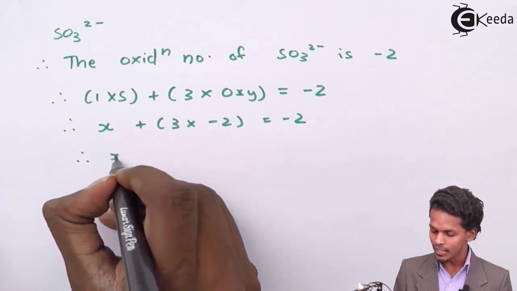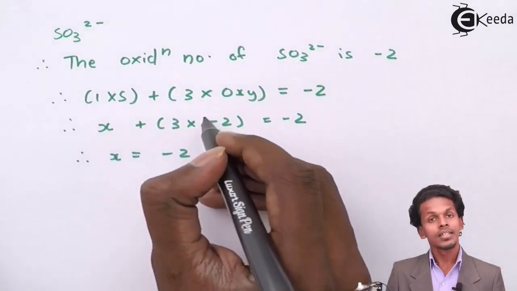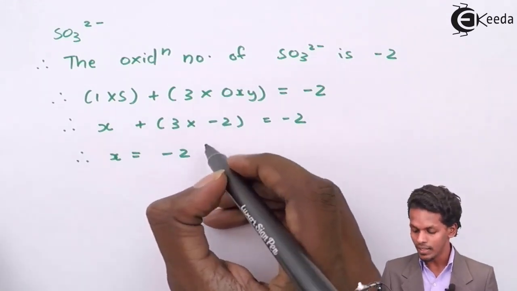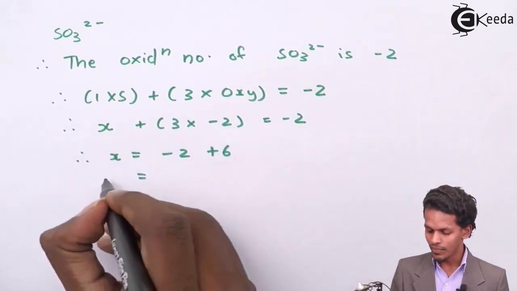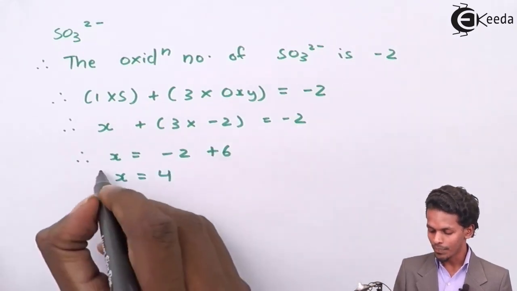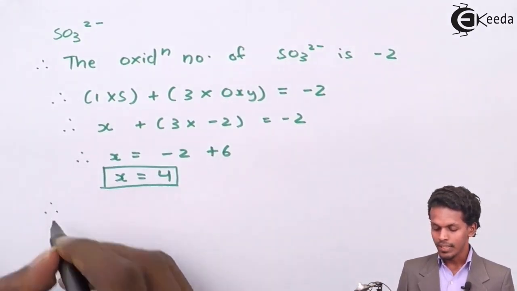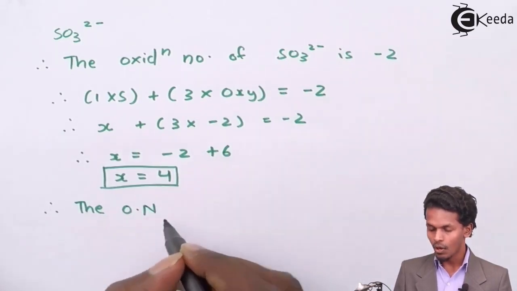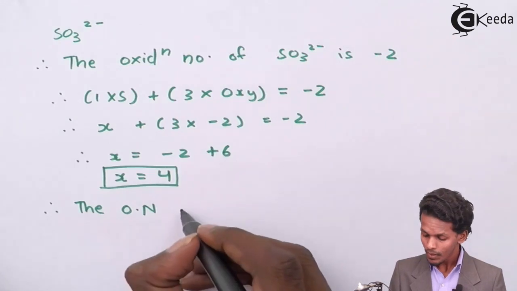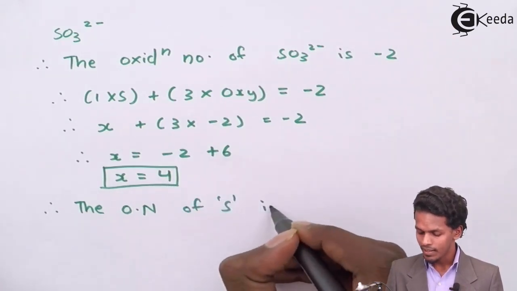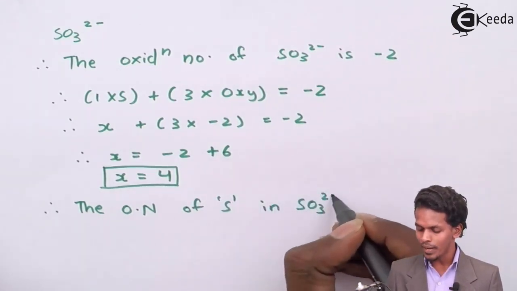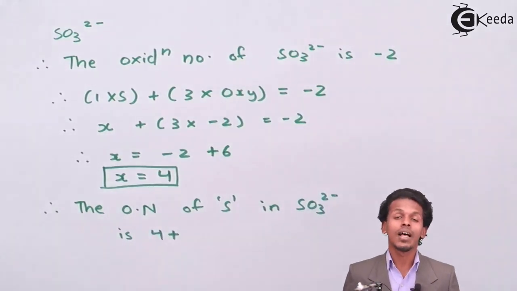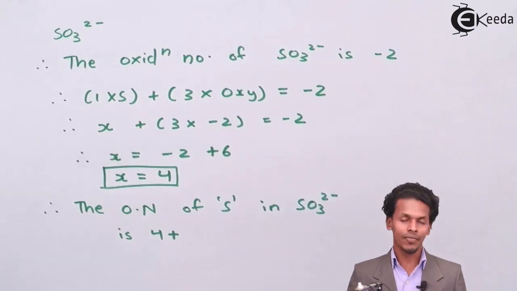So X plus 3 into -2, that is -6, equals -2. If -6 goes to the other side, it will become plus 6. So the value of X in this case is 4. Therefore the oxidation number, or oxidation state, both are the same, of sulfur in SO3 2 minus is 4 plus. So this is how we have calculated the oxidation number of sulfur.